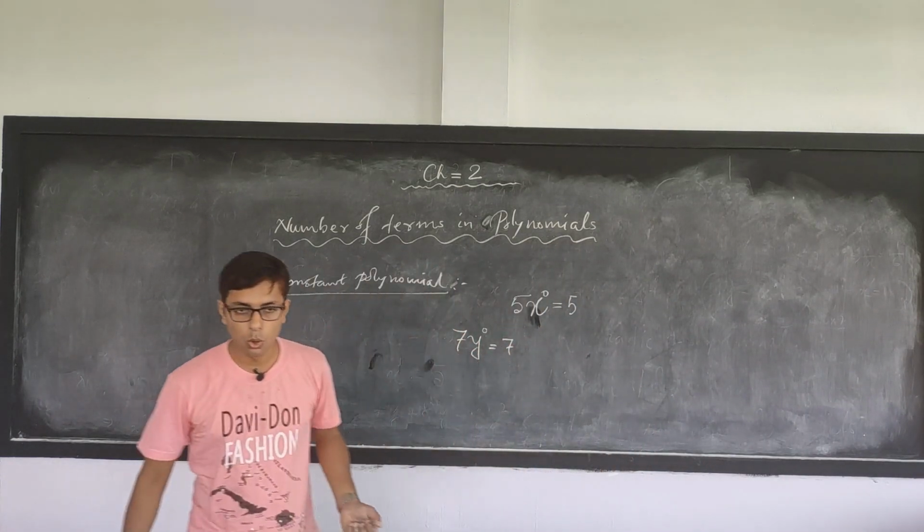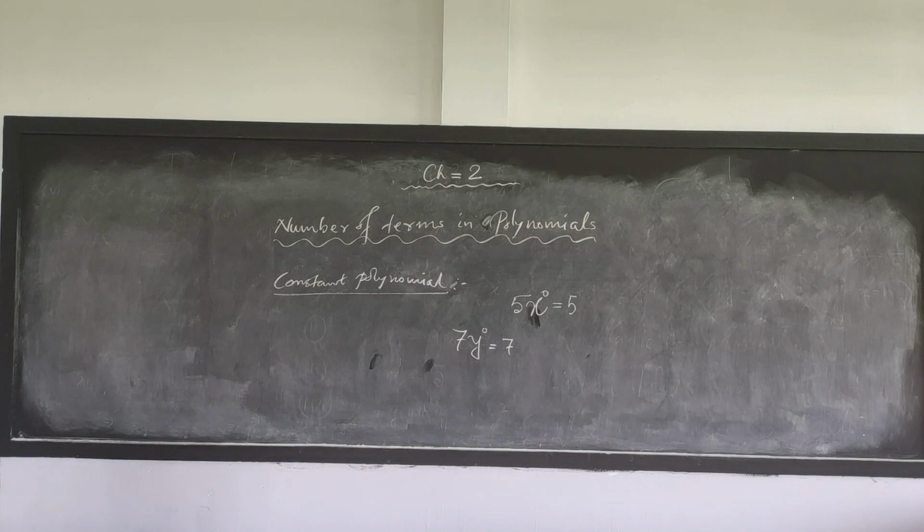Then one more term comes sometimes, that is called zero polynomial. Remember, constant polynomial, we have already understood: if a polynomial contains only one term and the term itself is a constant, then such polynomials are known as constant polynomials. Then one more term comes, called the zero polynomial. What is a zero polynomial?